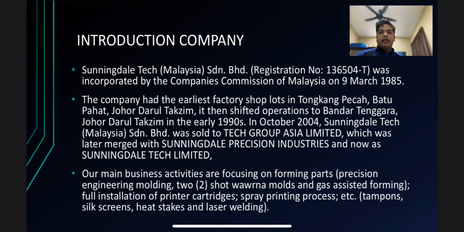Then it shifted operation to Bandar Tenggara, Johor Darul Takzim in early 1990. In October 2004, Sunningdale Tech Malaysia was sold to Tech Group Asia Limited, which was later merged with Sunningdale Tech Industry and is now Sunningdale Tech Limited.